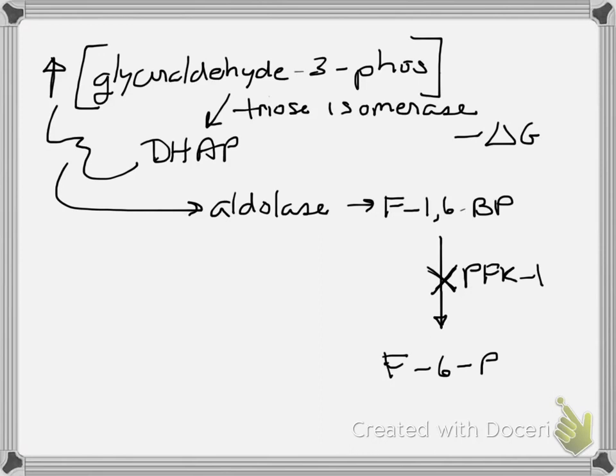Remember, because PFK1 is a kinase that is going to hydrolyze ATP, this is one of our ATP utilization steps, in order to generate fructose 1,6-bisphosphate, but the reverse reaction is not reversible. So what we're going to need here is another enzyme to bypass this irreversible reaction.